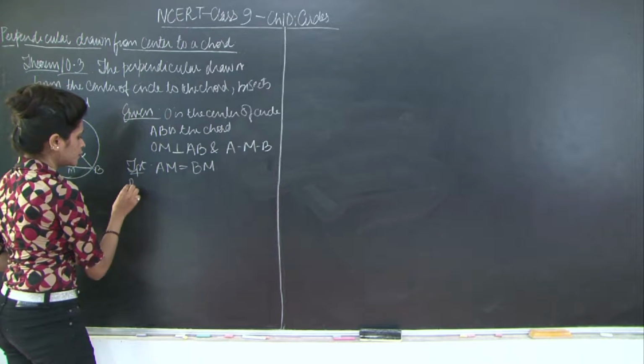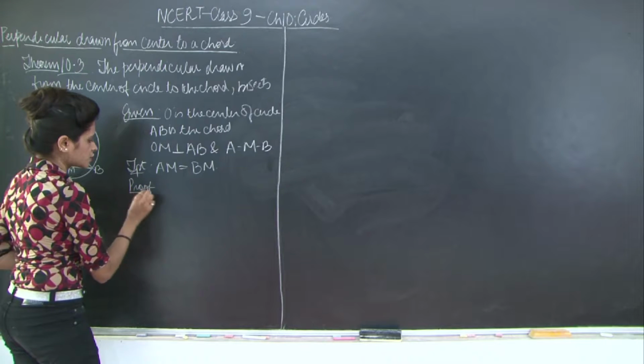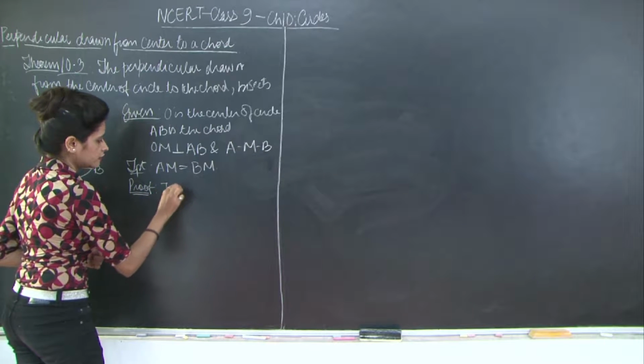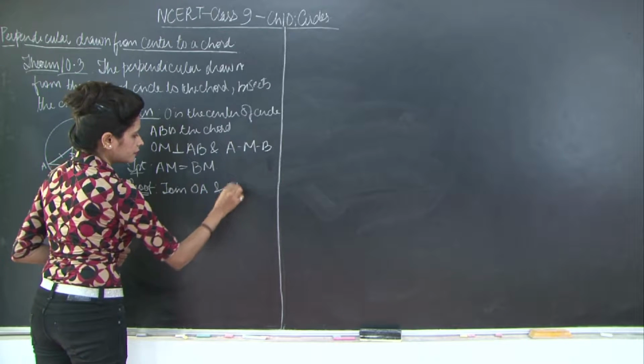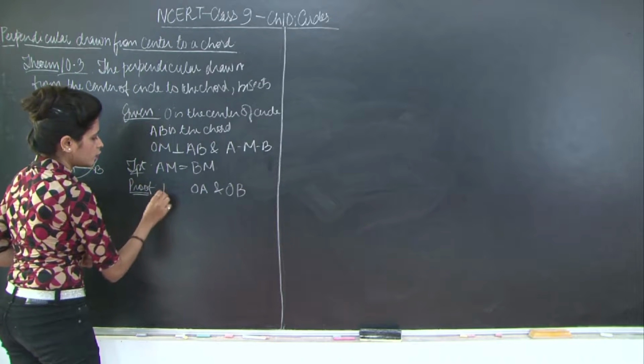So you will say proof and you will first write the construction, join OA and OB. So you will say draw OA and OB.